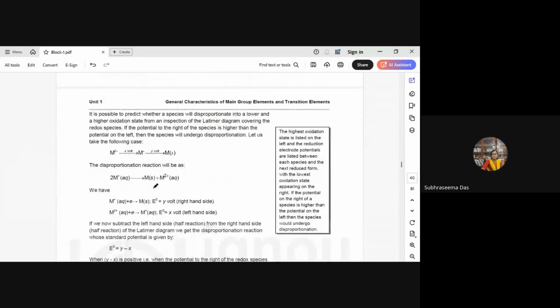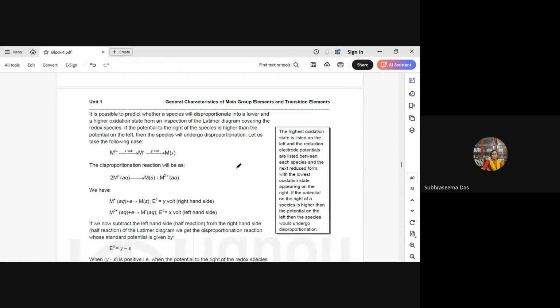Now it is also possible to predict whether a species will disproportionate into a lower and a higher oxidation state from an inspection of the Latimer diagram. If the potential to the right of the species is higher than the potential on the left, then the species will undergo disproportionation.